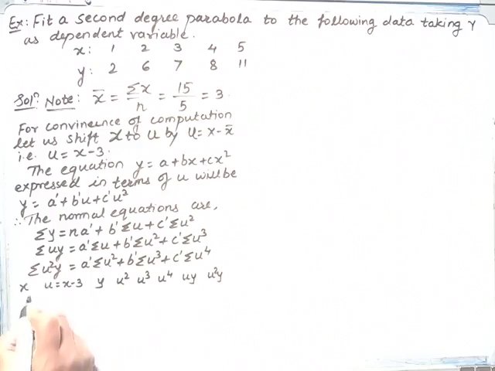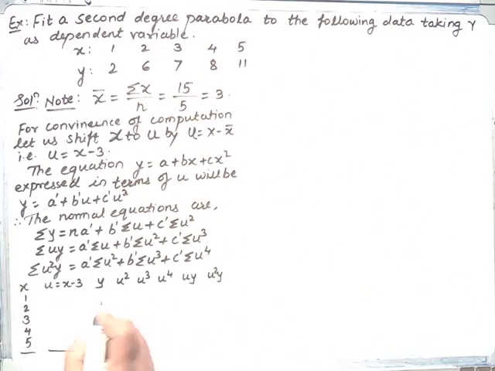Fine. So x are the values 1, 2, 3, 4 and 5. We need sums of all these. So let me write these things whenever required. U will be what here? Minus 2, minus 1, 0, 1 and 2.